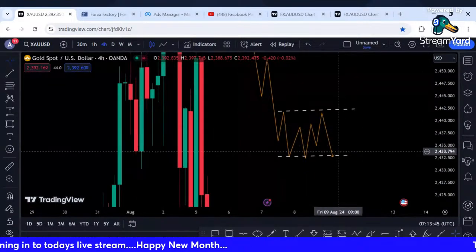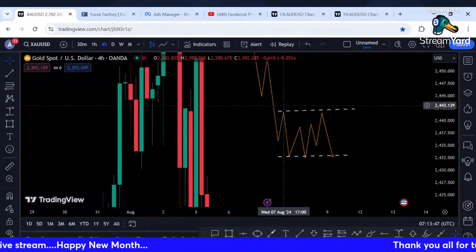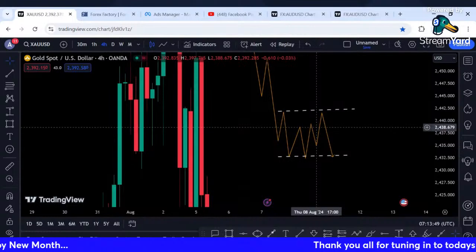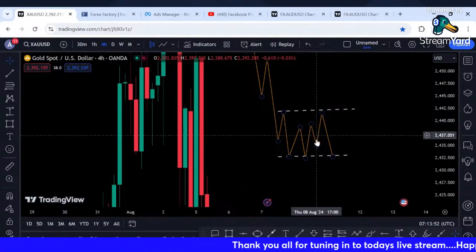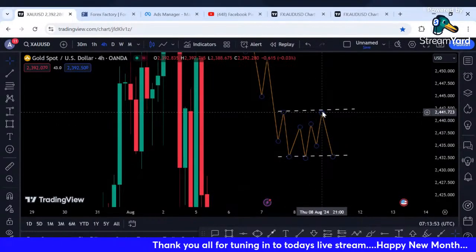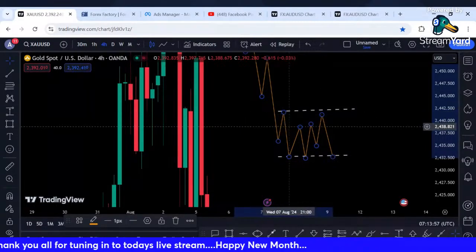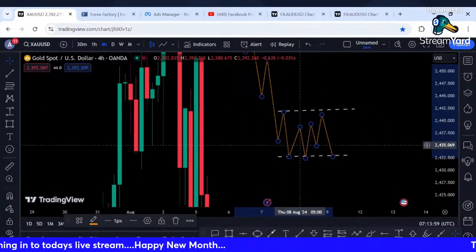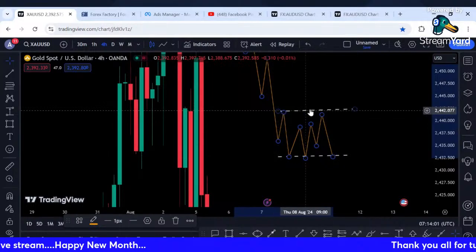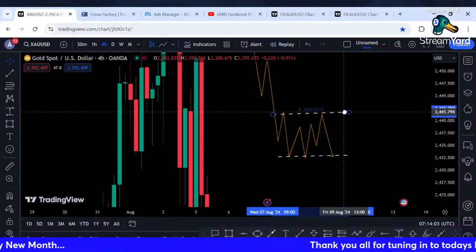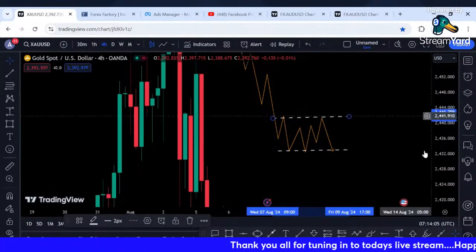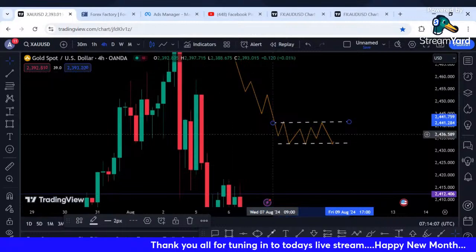Looking at this deeply, the market did a lower low, lower high, lower low. This is something like a complex structure, still a downtrend. So this data is very relevant.